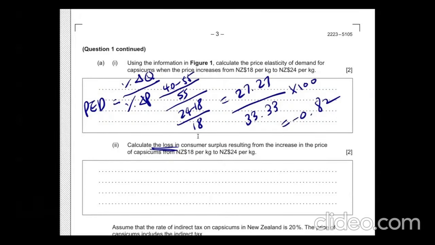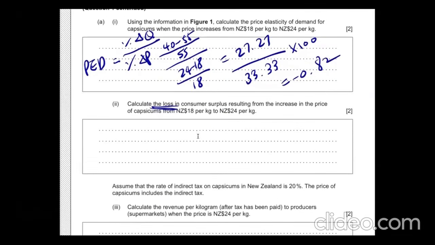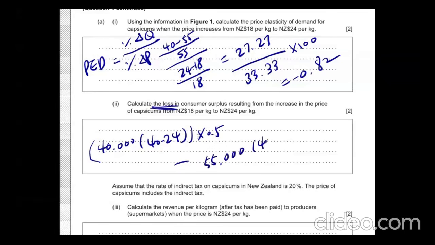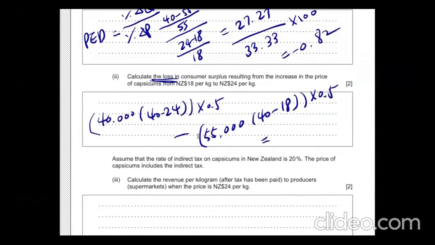Let's give it a go. 40,000, which is quantity, after quantity, prices, multiplied by 0.5, halving, since it is a triangle, and 55, the previous quantity, prices, multiplied by 0.5. Then I can get $285,000 as the change.